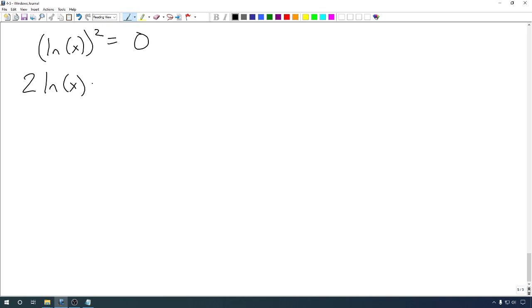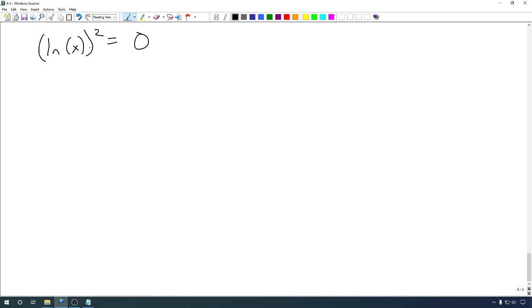The derivative of the natural logarithm that's inside is 1 over x. And I'm getting way ahead of myself. I'm not taking the derivative yet. I'm sorry. We'll get to the derivative, and we'll go through all that again. Right now, we're dealing with setting this equal to 0 and solving.